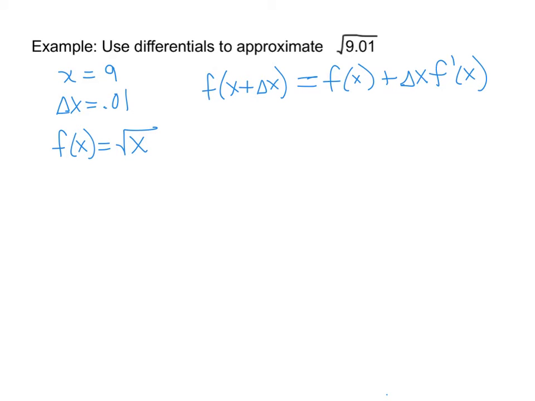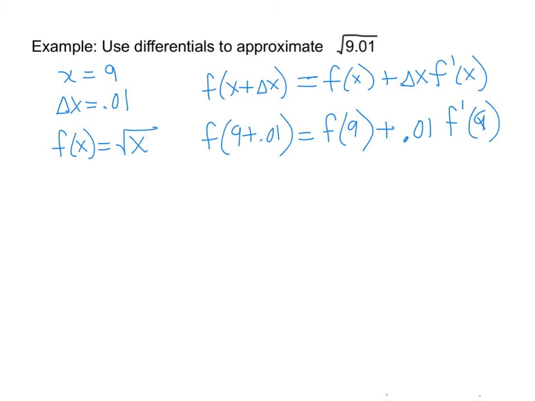So we have f of 9 plus a little bit equals f of x, which is the square root of 9, plus 0.01 times the derivative of the function at 9.